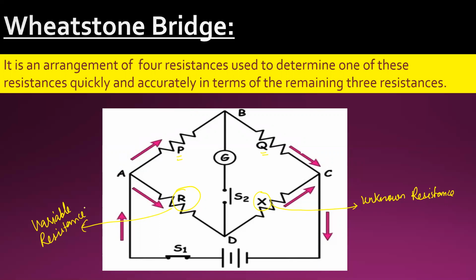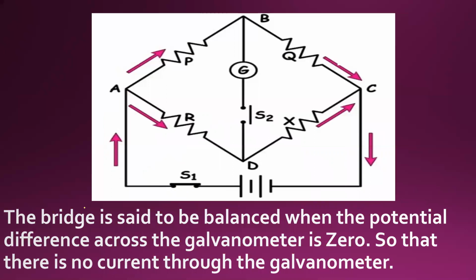How can we determine this unknown resistance X? For determining this unknown resistance, here we are having a balanced Wheatstone bridge. This bridge is said to be balanced when the potential difference across the galvanometer is 0. That means whatever potential there is across the galvanometer, the potential at B and the potential at D will be the same.